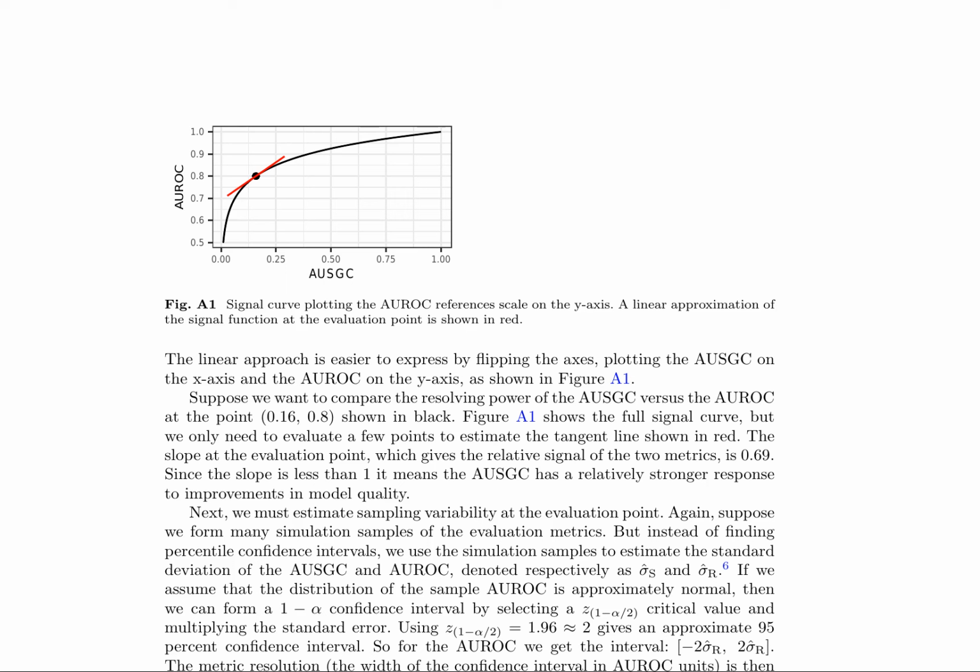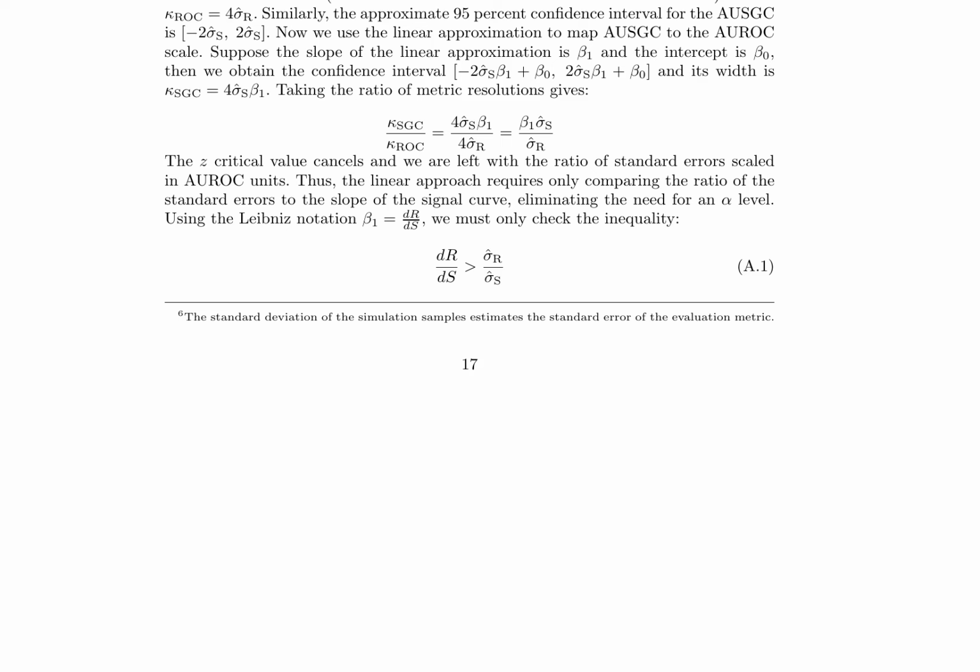Assuming a normal distribution of the sample AUROC, a 1-alpha confidence interval is formed using the z_(1-alpha/2) critical value and the standard error. The metric resolution, or the width of the confidence interval in AUROC units, is then kappa ROC equals 4 sigma R. Similarly, the approximate 95% confidence interval for AUSGC is -2 sigma S, 2 sigma S, with a metric resolution of kappa SGC equals 4 sigma S beta 1, where beta 1 is the slope of the linear approximation.